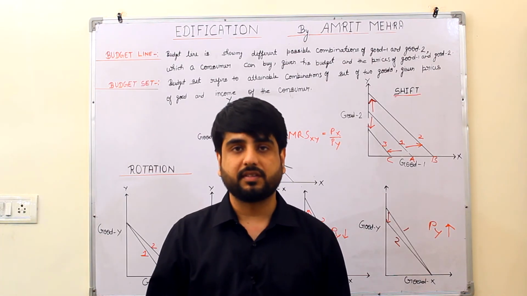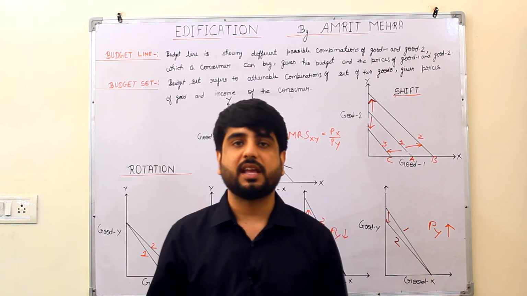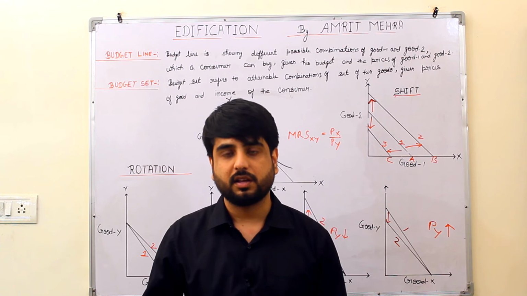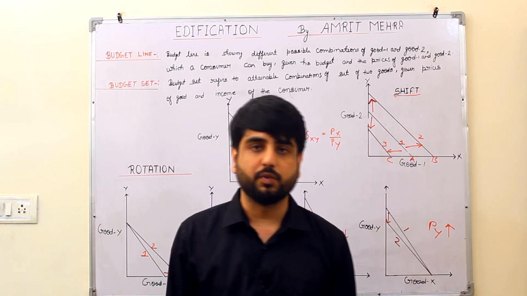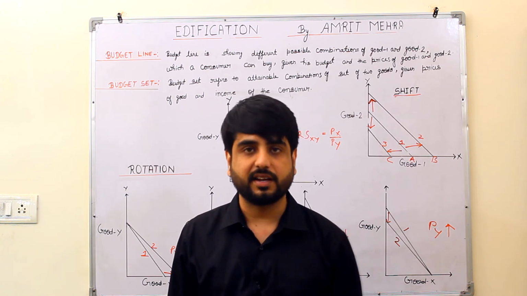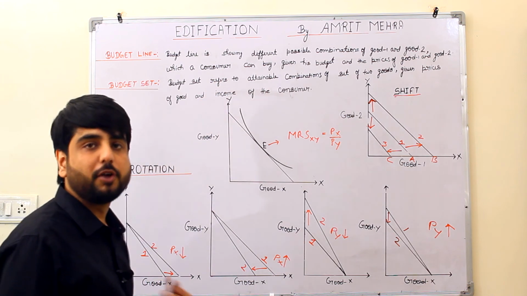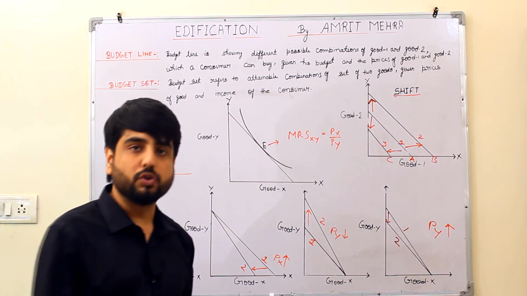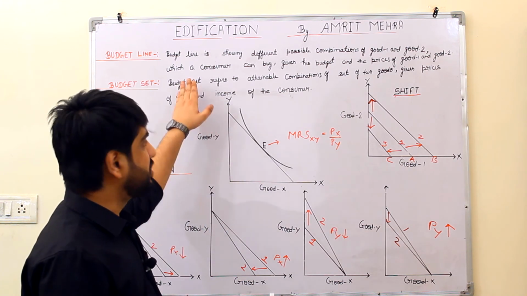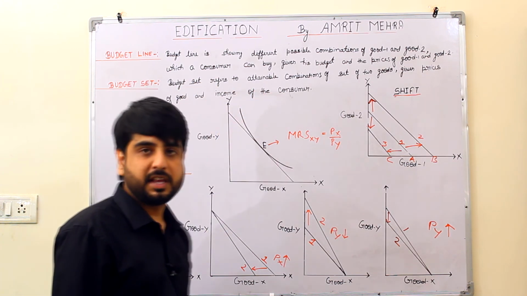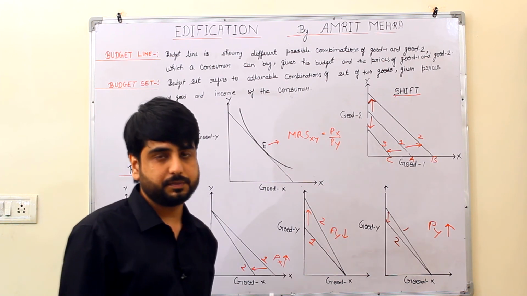After studying indifference curve analysis, we need to cover the budget line. Budget line is also known as a price line. Before moving further in the topic, let us familiarize ourselves with two important words, budget line and budget set. So budget line is showing us different possible combinations of two goods, let's say good 1 and good 2 or good A or good B, which a consumer can buy given his budget and also the prices of both the goods.